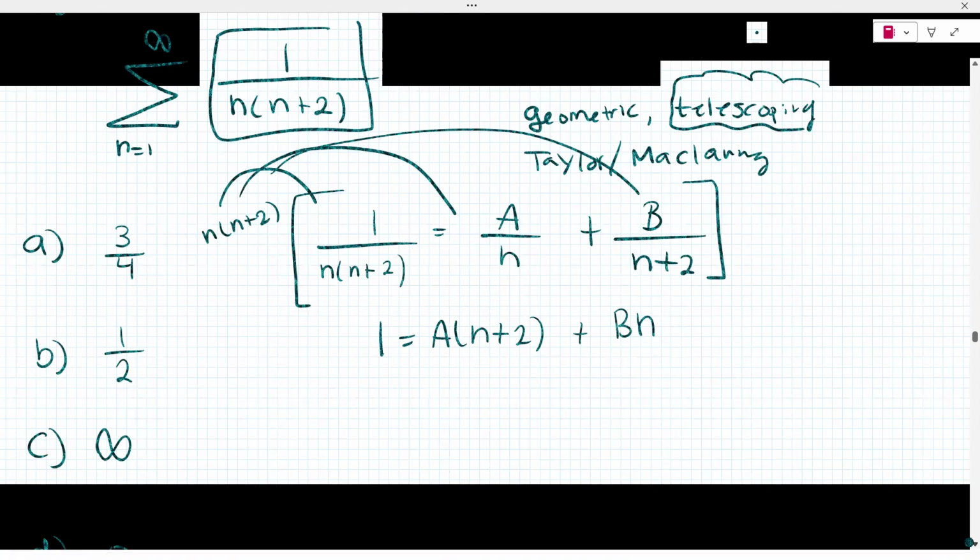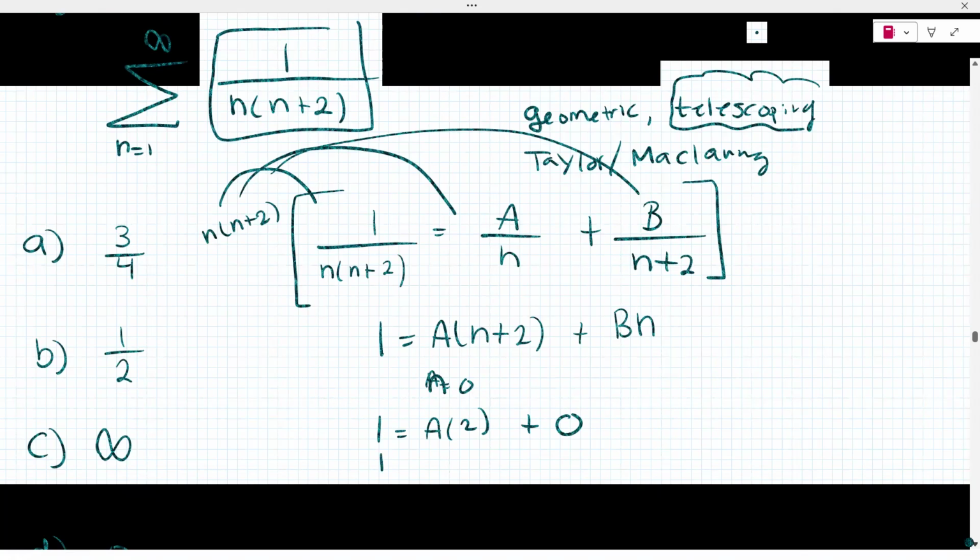We can test values. Let's test n equals 0. So 0 plus 2 is 2, and b times 0 is just 0.